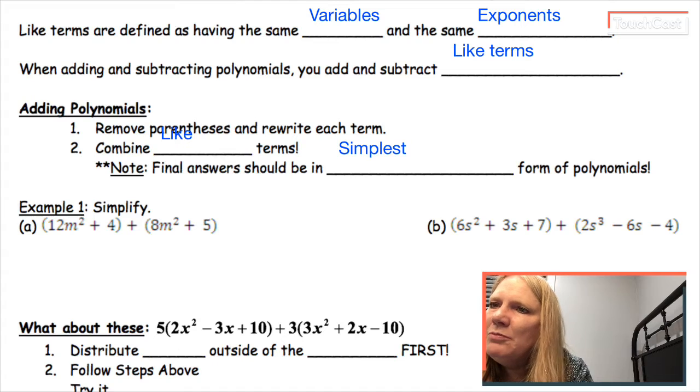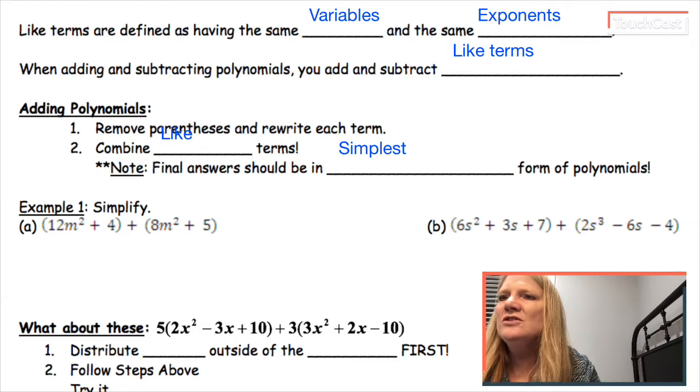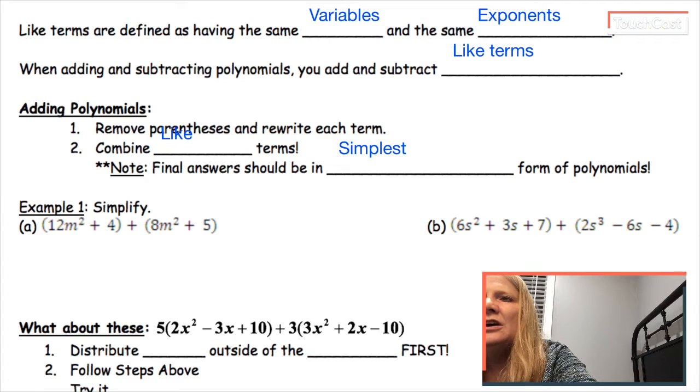Now, if we look at example 1, we have 12m squared plus 4 in parentheses plus 8m squared plus 5. So there's really nothing to distribute throughout the parentheses, so you can just go ahead and remove them at this point, or we can just add from here. So we have our like terms 12m squared and 8m squared.